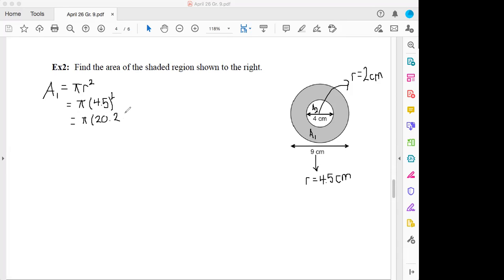This is not the best writing in the world, as per usual. Then you multiply it by pi, which gives us a total of 63.59 centimeters squared.